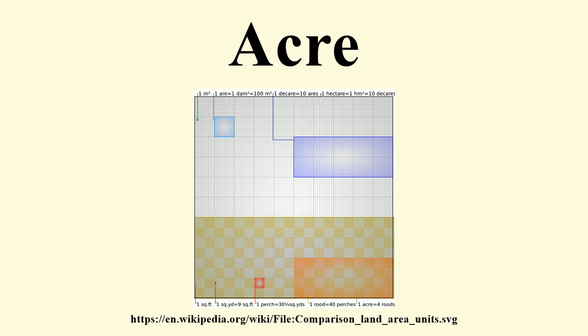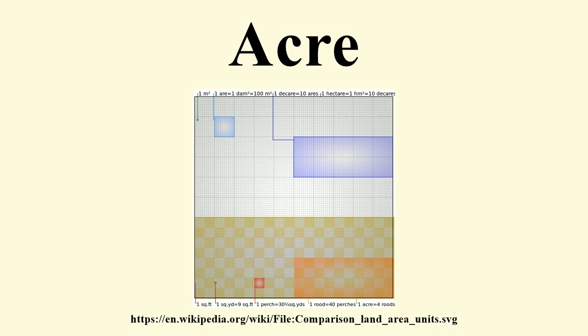Consequently, the international acre is exactly 4,046.8564224 square meters. Both the International Acre and the U.S. Survey Acre contain 1/640th of a square mile, or 4,840 square yards. But there are alternative definitions of a yard, so the exact size of an acre depends on which yard it is based.